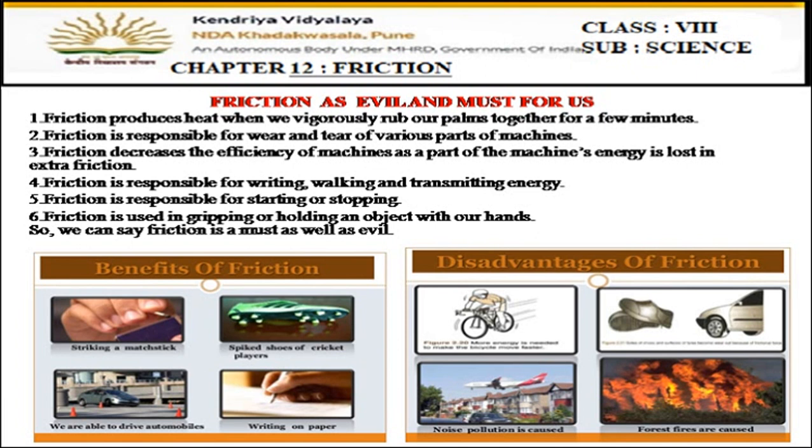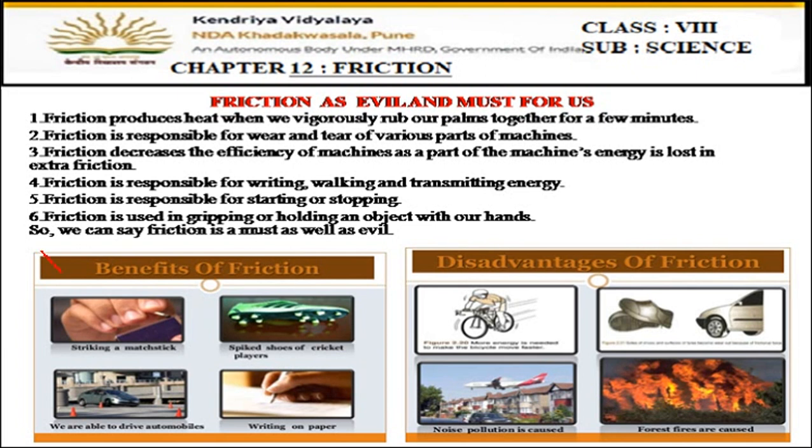Friction is used in gripping or holding an object with our hands. We are able to hold objects in our hands only because of friction. So friction is a benefit for us. At some places it is a disadvantage for us, at some places it is a benefit, right? So we can say that friction is an evil as well as very necessary for us.